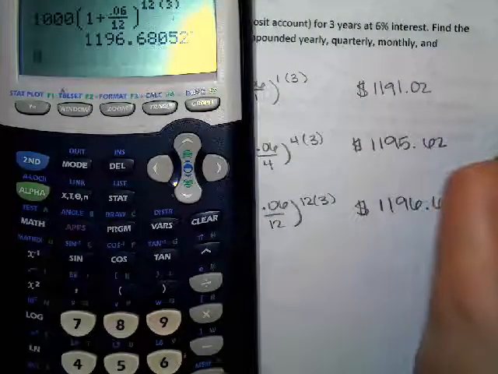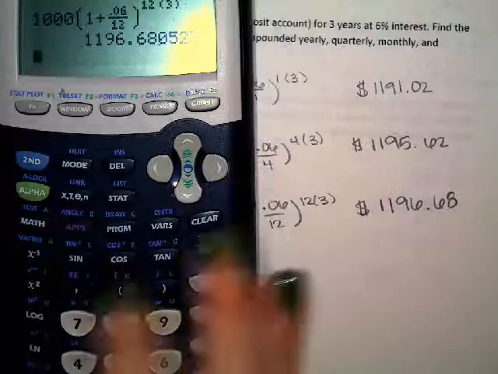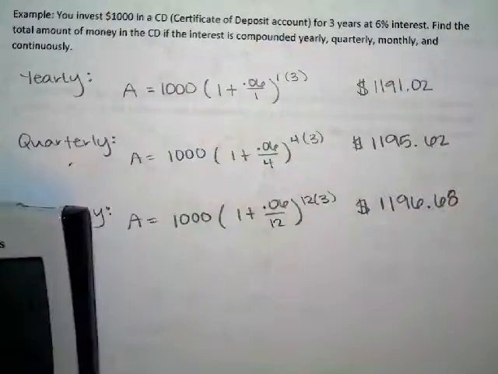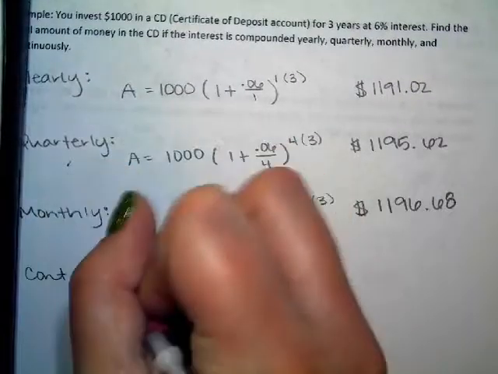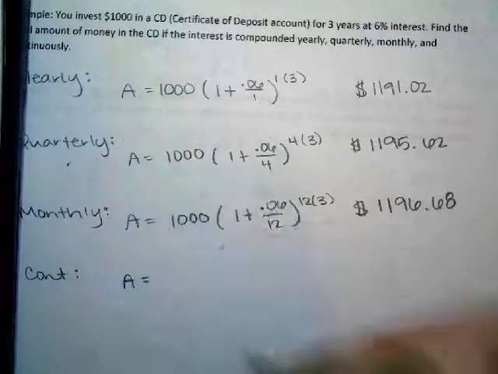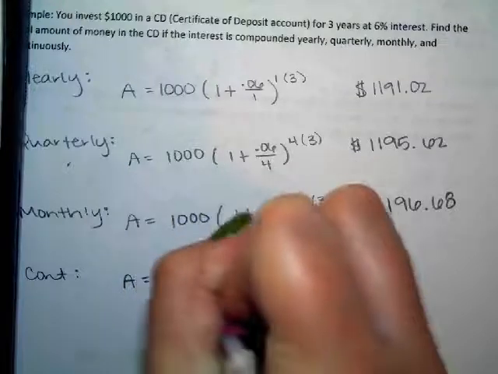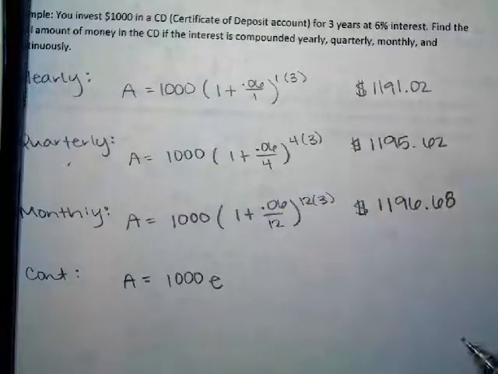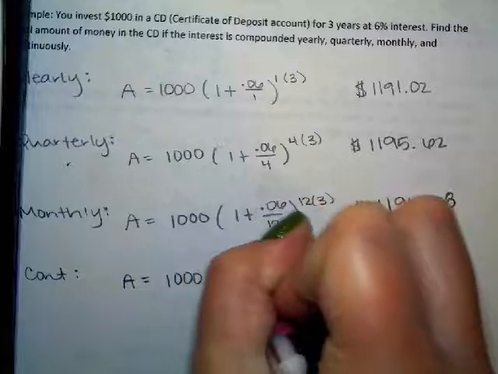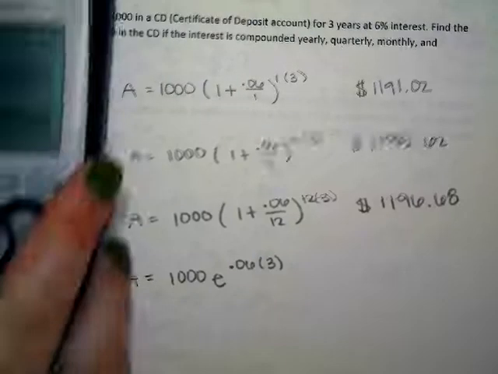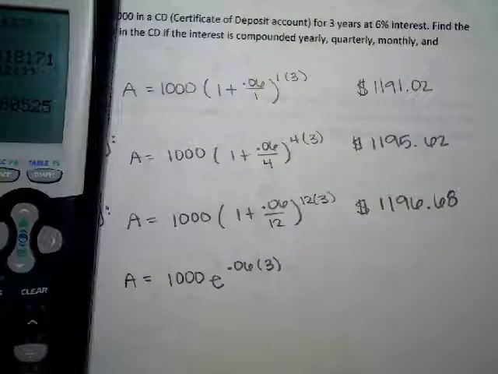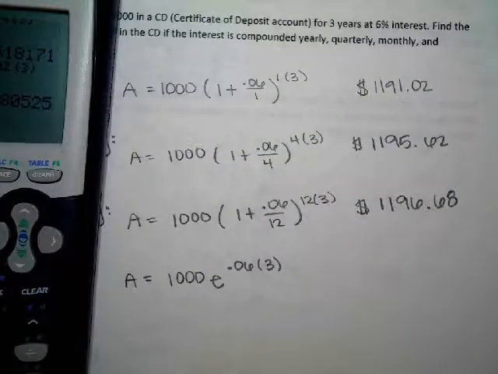Okay. And then continuously, 1,000 e to the 0.06 times 3. That one's just totally different. 1,000 e to the 0.06 times 3. 1197.22.